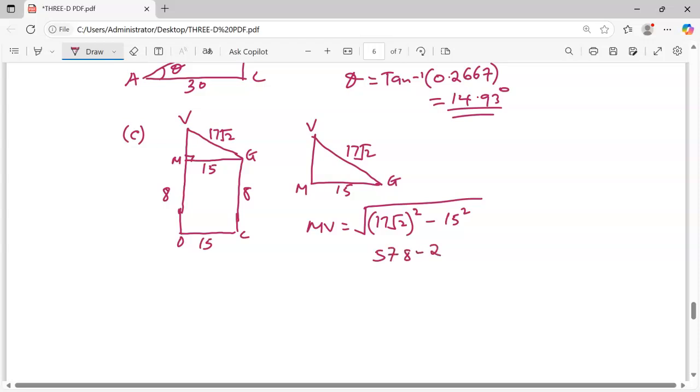We subtract 225, then get the square root. This gives us the square root of 353, which is 18.79 centimeters.